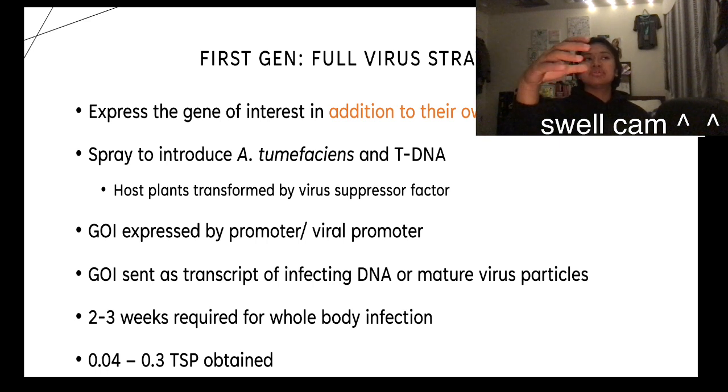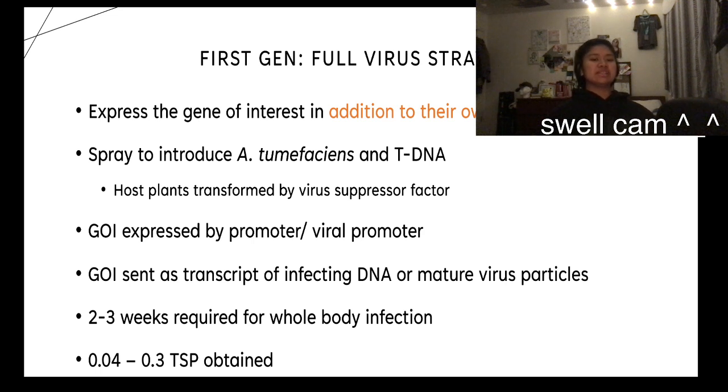But with this approach, scientists weren't able to get the bottoms of the leaves, so there wasn't a full saturation of your plant with your tDNA and agrobacterium. Host plants were transformed by the virus suppressor factor, and your gene of interest was essentially expressed by the promoter and viral promoter that was included.